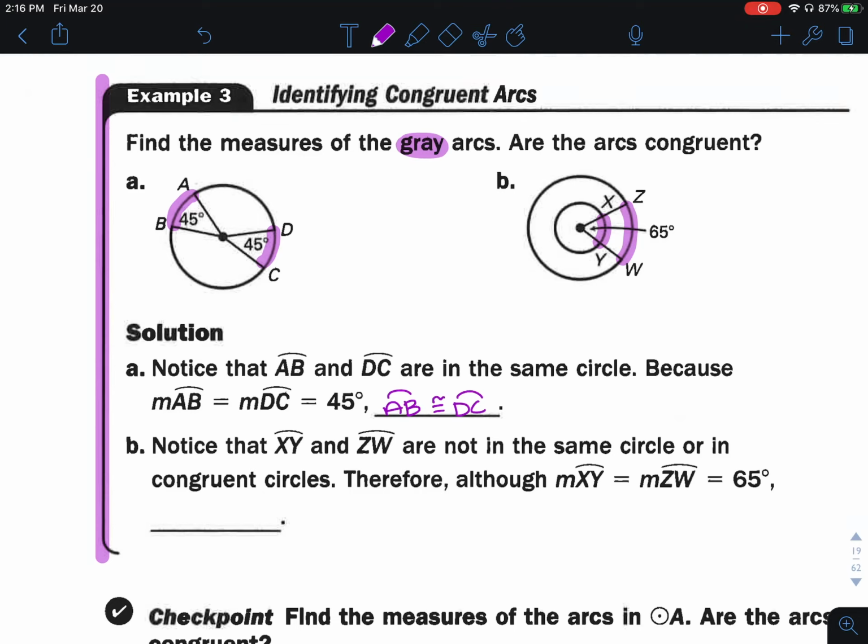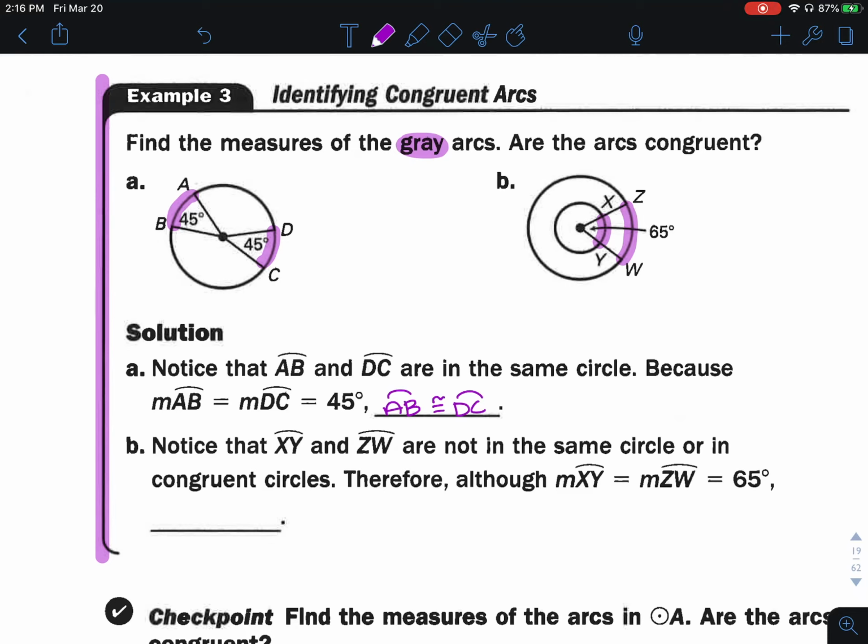Okay, notice, for B, that XY and ZW are not in the same circle or in congruent circles. Again, congruent circles have the same radius. In this case, they do not have the same radius. I have a small and a big one.